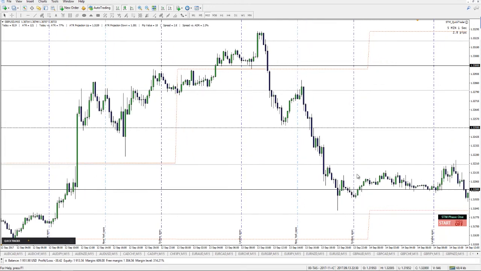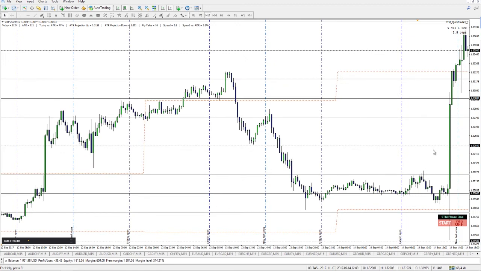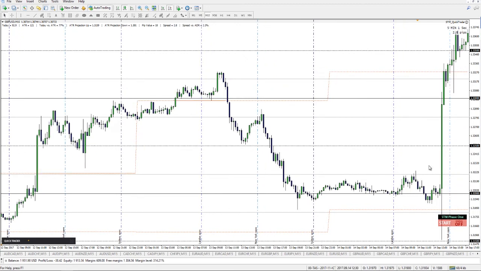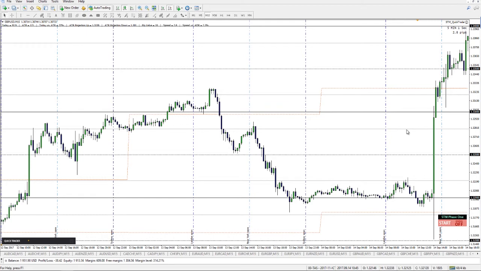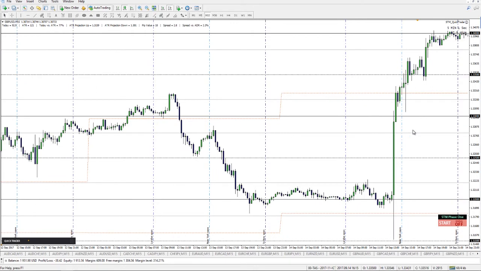So I'm looking for Sydney Open, and then some move on London to define if it's going up or going down. And this you won't get every day on one pair, but you'll probably get every day on some pair.